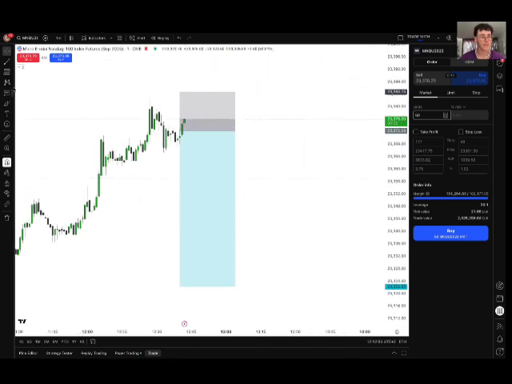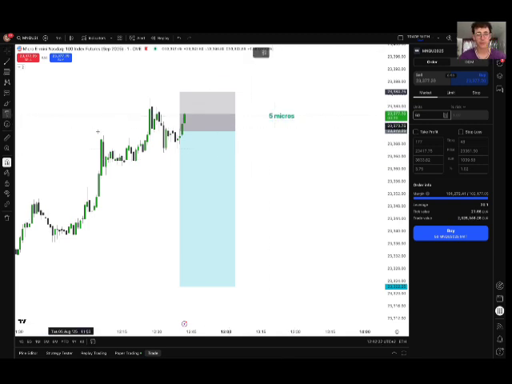Okay, so let's say first things first, if you want to trade the micro contract, make sure you're on the right contract. So we are on the right contract as of now. At the moment we are on MNQU 2025, and let's say I want to enter 5 micros.